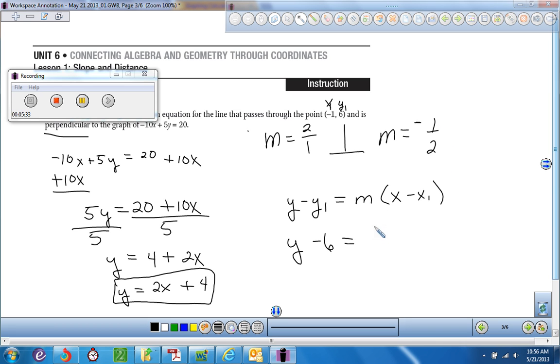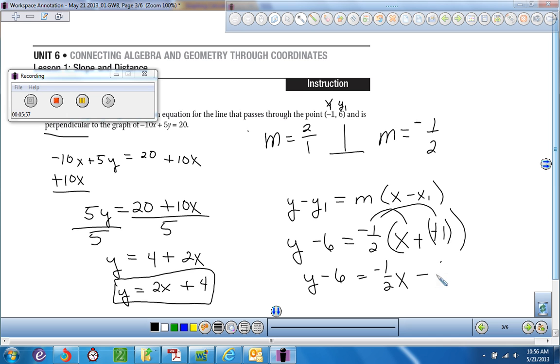We're going to plug in the -1/2 here, plug in -1 for x1, so x minus -1. So we have y minus 6. Now, I'm going to get rid of the negatives. The double negatives becomes positive, so I'm going to distribute the -1/2 through. So that I get -1/2 x, minus 1/2.